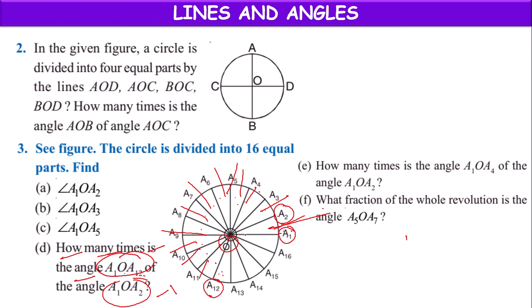So actually this A1 O A2 value is 22 and a half.